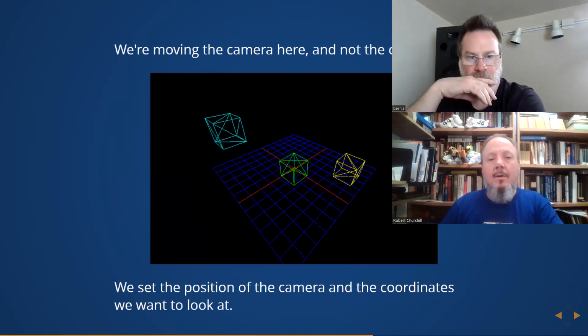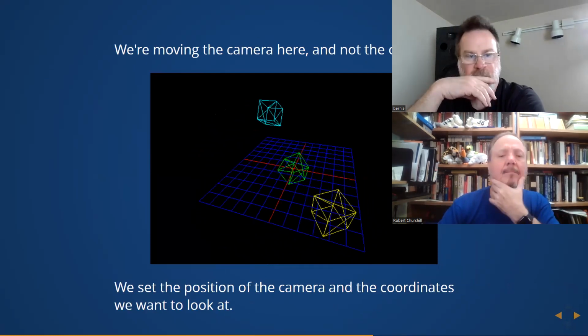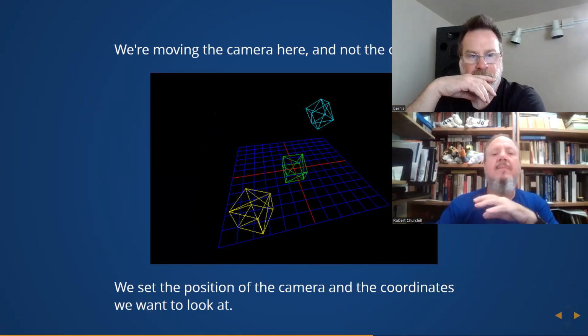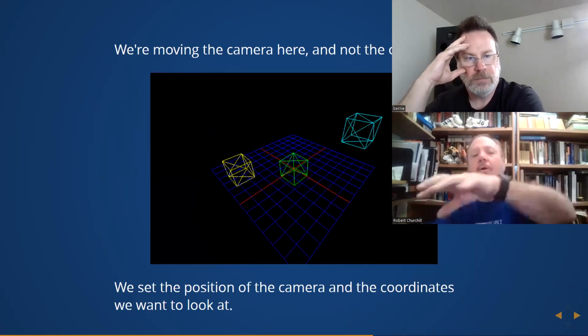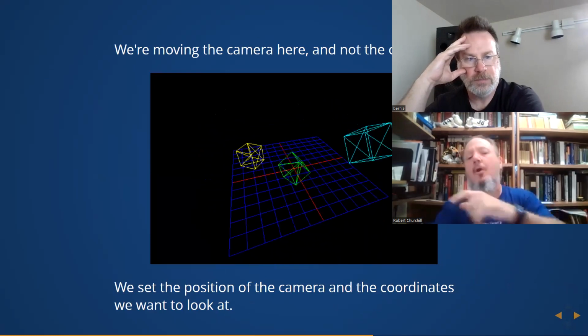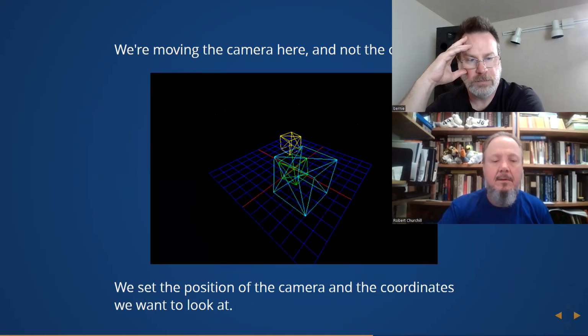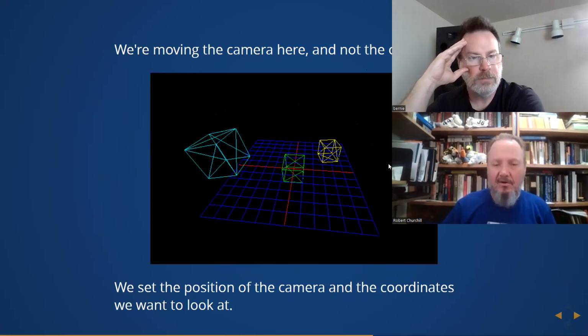So we're moving the camera here. I cannot move it left and right. It's doing the automatic rotation around the scene, but what I did, oh, not yet. I'll get to that.